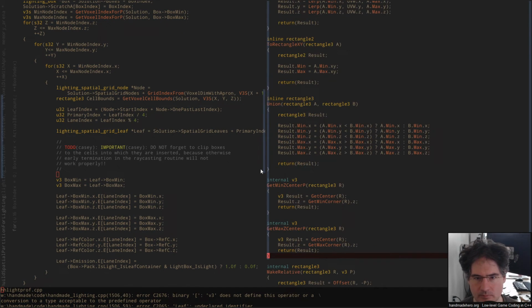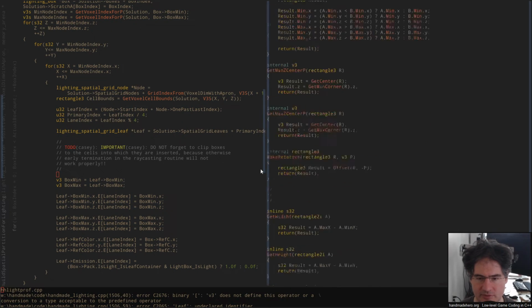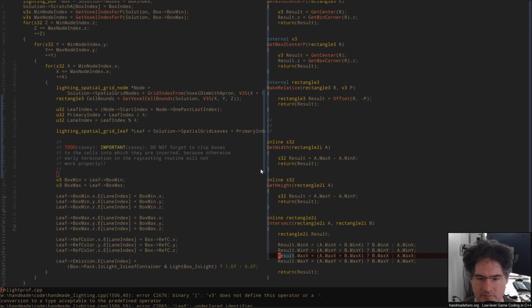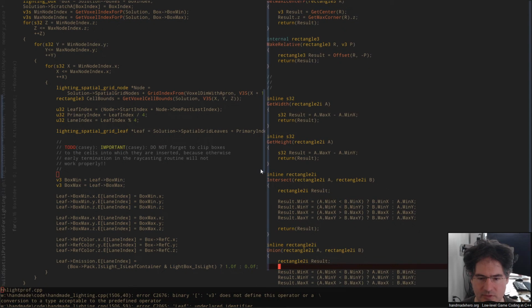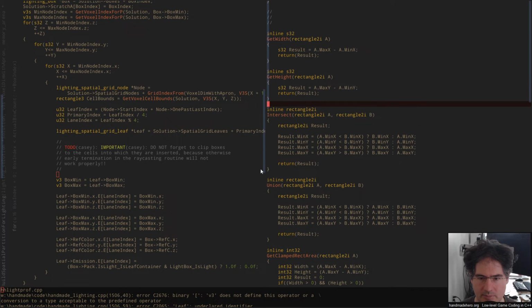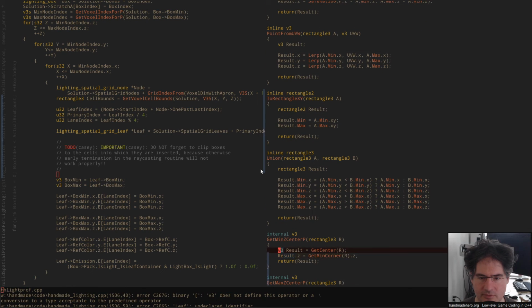So you can see here, right, we've got the union, but we don't have the intersection, which is kind of weird, right? I guess we just never wrote it. You can see here that we wrote it for the rectangle 2i, but we didn't write it for the rectangle 3, and it's the same.